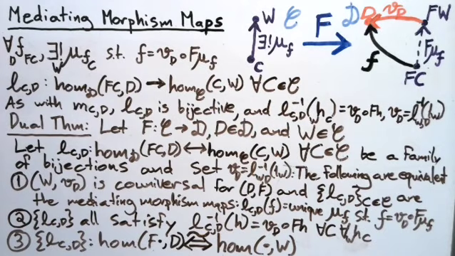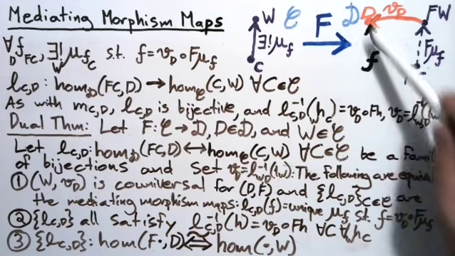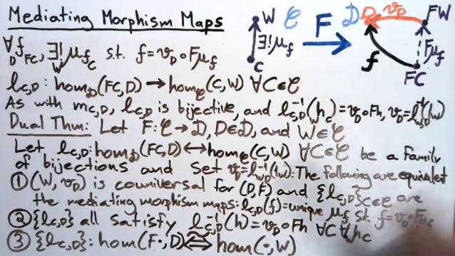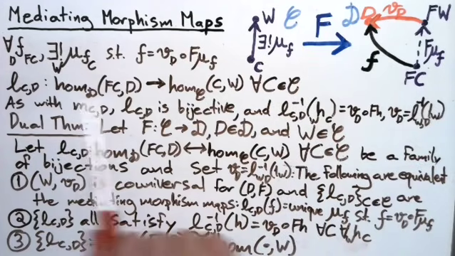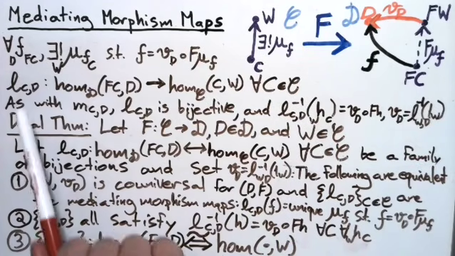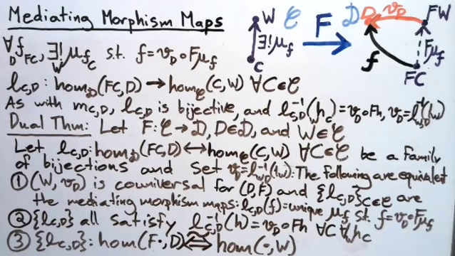Well then, we're in a very similar situation to the universal case, right? We have for every morphism f here, there is a unique mu of f, so we can define a well-defined function, LCD, which we might call the mediating morphism map for the co-universal, or maybe even the co-mediating morphism map, if you will.